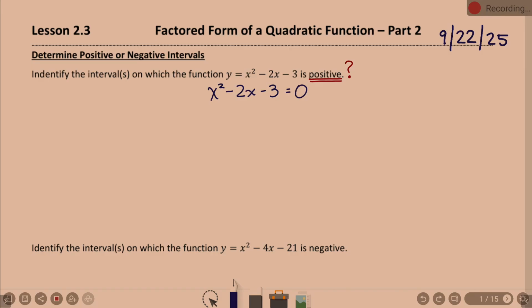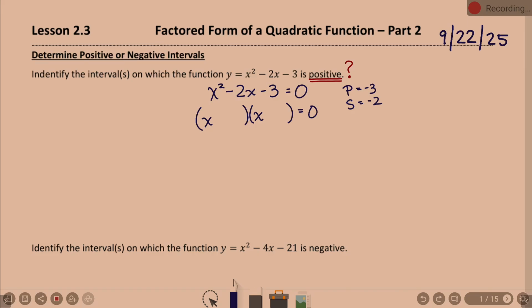Because it is just x squared, we can jump straight into 2 parentheses. X squared we know will break into x times x. What kind of numbers do I need? Numbers that give me a product of -3 and a sum of -2.